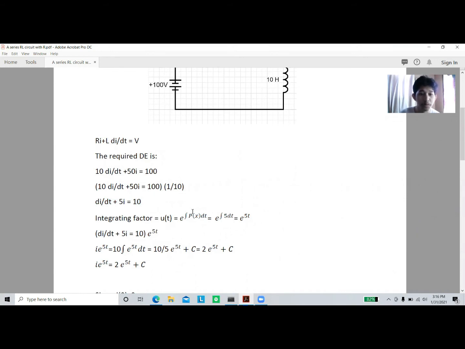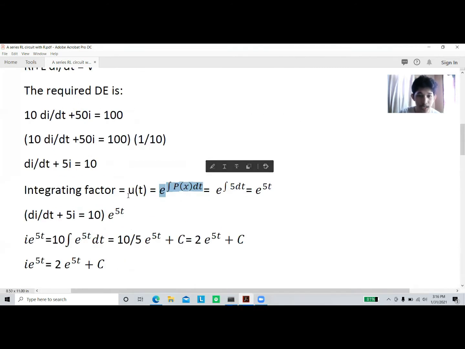So after you simplify the equation of the RL circuit, the next thing that you need to do is to find the integrating factor of this equation. So the integrating factor of the equation is denoted as u of t. So this one can be obtained with this equation, e raised to the integral of p of x dt.